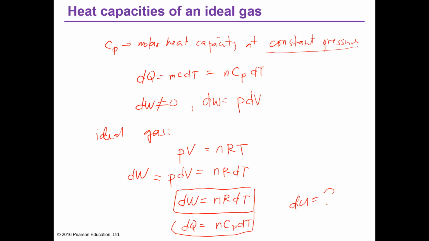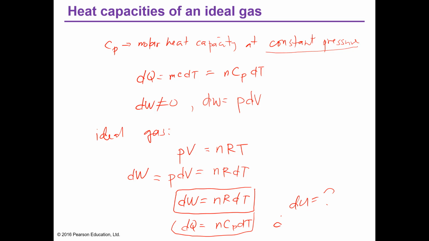Thus, the change in internal energy during any process, take note, any process, must be determined only by temperature change. So therefore, whether the process is at constant pressure, at constant volume, and so on, dU must be the same, and it is only dependent on its temperature.